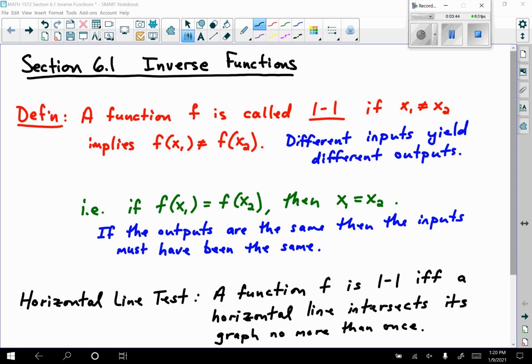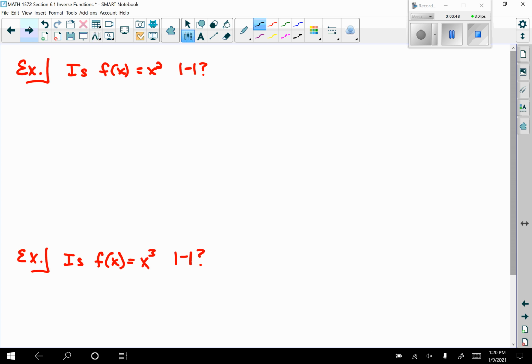Okay, so we'll look at three examples really. So the first one, we're just going to sketch a graph for. Is f of x, which is equal to x squared, would that be one-to-one? So let's go ahead and make a sketch of this graph. We know y equals x squared is just going to be a parabola with a vertex at the origin.